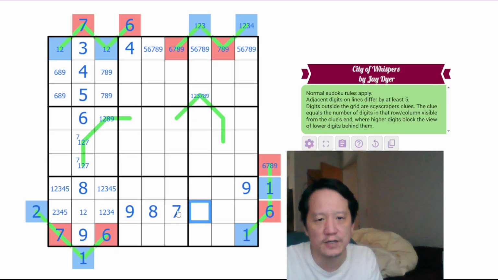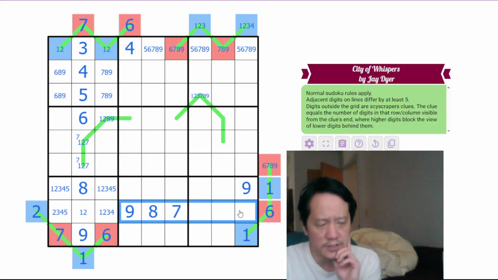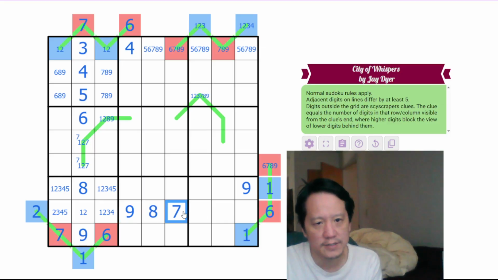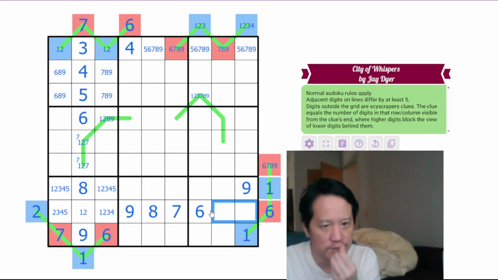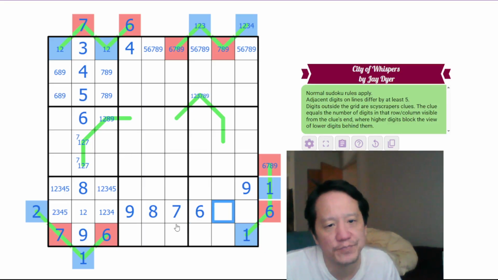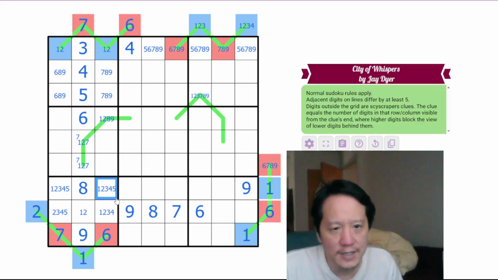So if we had 8 here, that would block 7. Or if we had 7 here, that would block these cells. So all of these cells must be seen, which means this must be 8, 9, 8, 7, and then 6. But these could be whatever. These do not have to be 4 and 5. So that's not a contradiction. Okay, so let's keep that in mind.